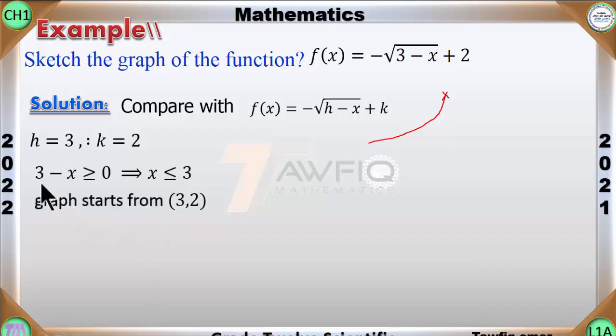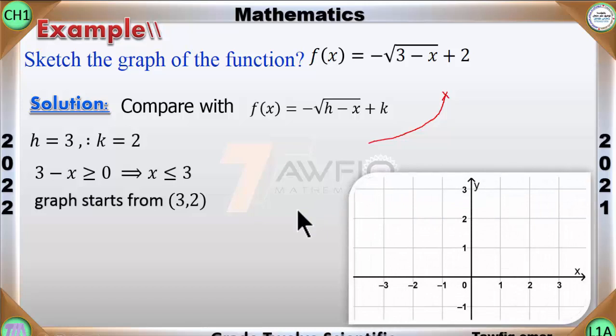Take under the square root 3 minus x bigger than or equal to 0, which means x is less than or equal to 3. That means we must take values of x less than 3.